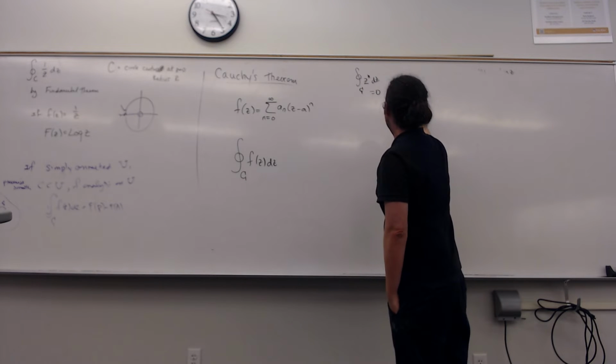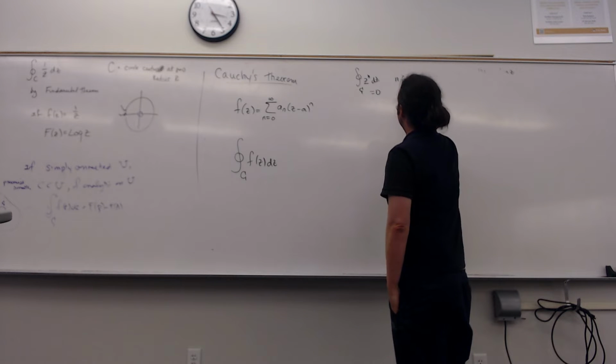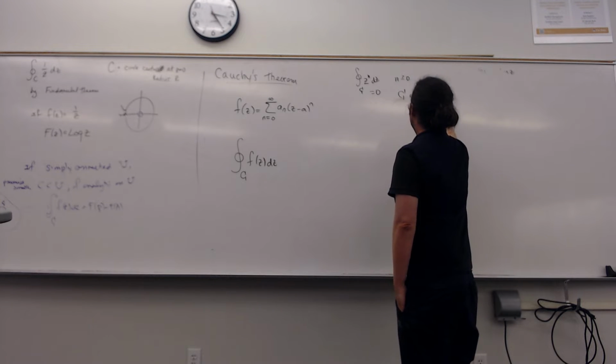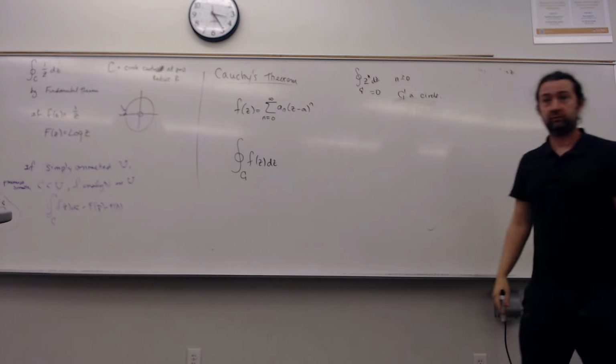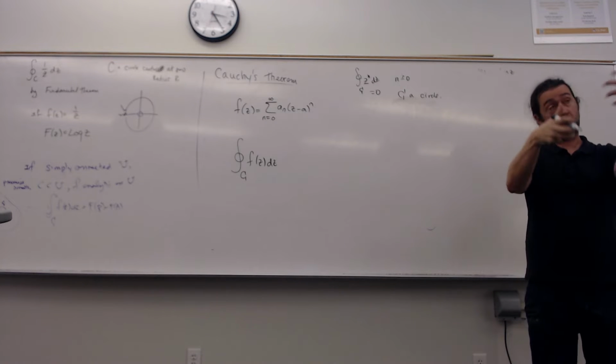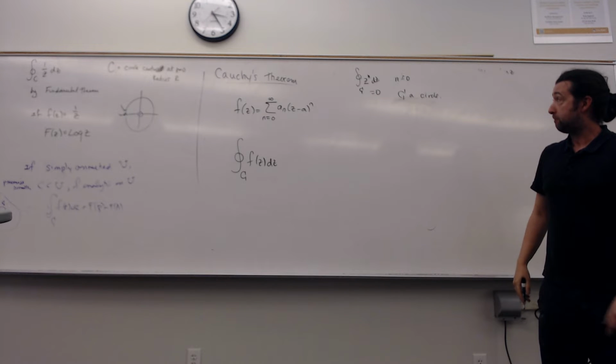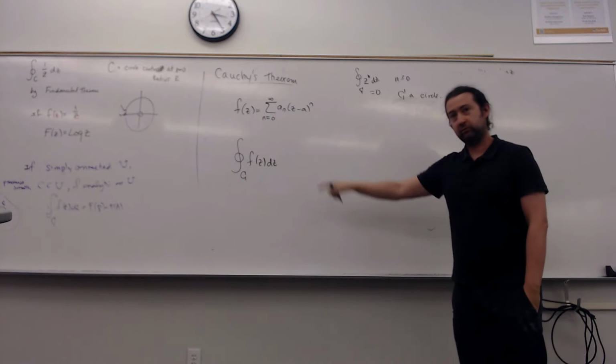Well, we didn't do any simple closed curve, we did C a circle. We showed that was true by just directly doing the parameterization and plugging it in and seeing that you subtract 1 from itself and you get 0 out the other side. So we showed that's true. Why should I believe that's true?